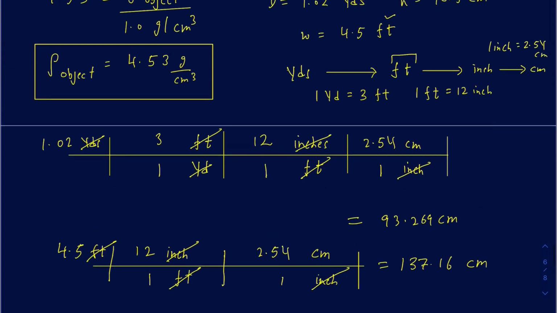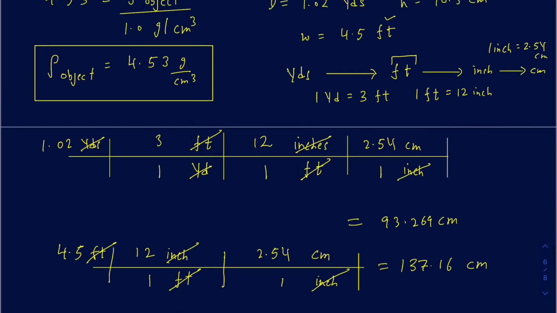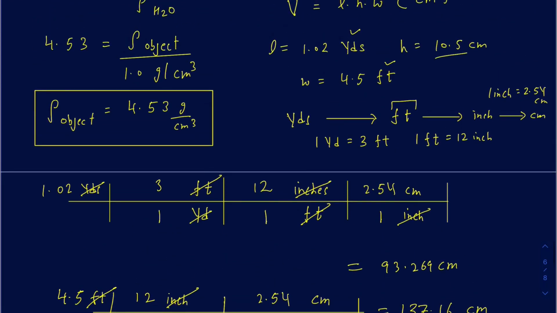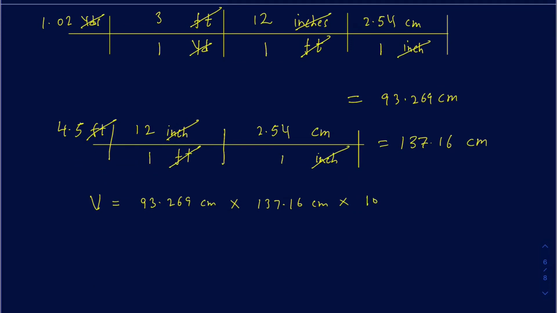So all we really got to do is just go and find the volume now. So your volume is going to be length, which is 93.269 centimeters, times the width, which is 137.16 centimeters, times the height. And the height was already given in centimeters. That was 10.5 centimeters. So we'll go ahead and put that down here.